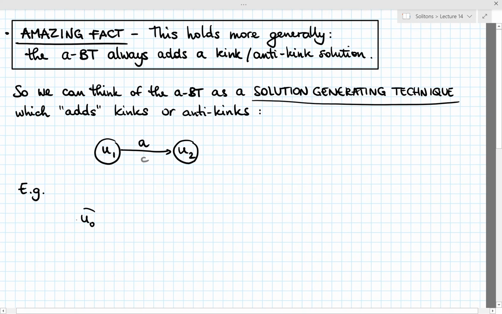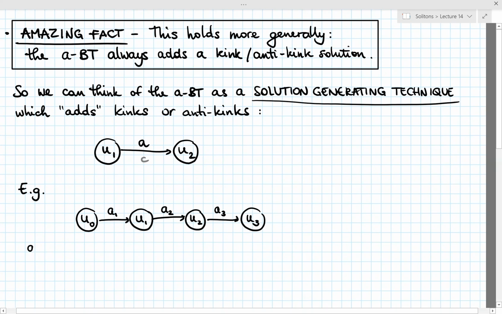We can start from a seed solution U0, then we apply a first Backlund transform with parameter A1 to get the solution U1, then we could apply another Backlund transform with parameter A2 to get the solution U2, and finally a third Backlund transform with parameter A3 to get the fourth solution U3.